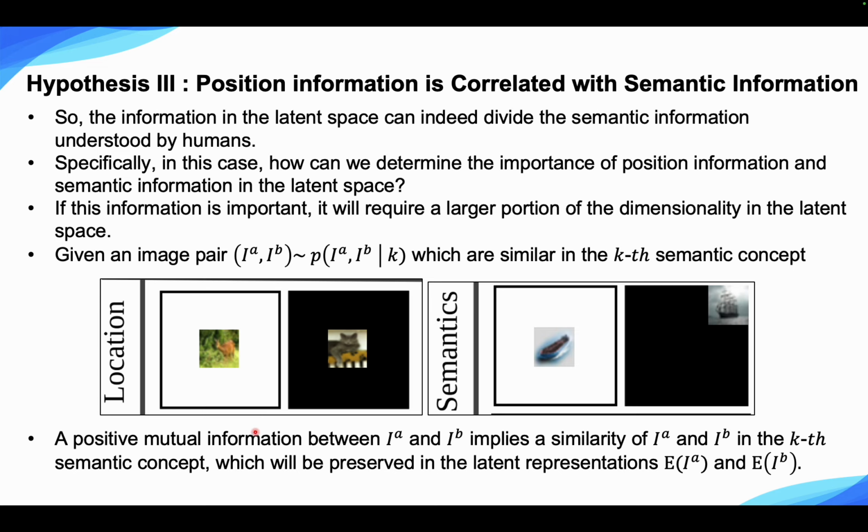A positive mutual information between IA and IB implies a similarity of IA and IB in the case semantic concept, which will be preserved in the latent representations E(IA) and E(IB). E is the encoder.